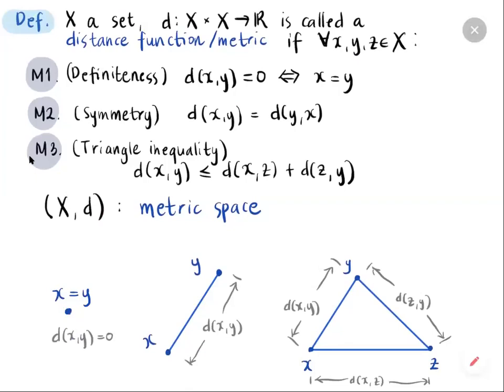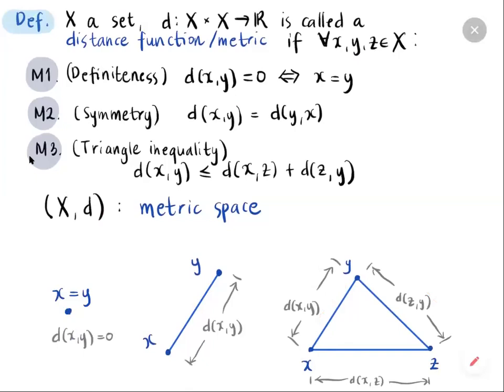Symmetry tells us that if you go from x to y, the distance that you have covered is the same as going from y to x on a straight line, of course. And finally, for the triangle inequality, going from x to y, that distance is less than or possibly equal to the distance if we move from x to z and then from z to y. And that's why, based on this picture here, M3 is called the triangle inequality.